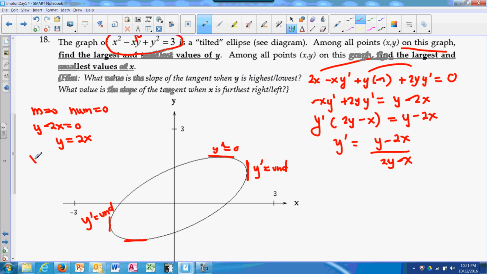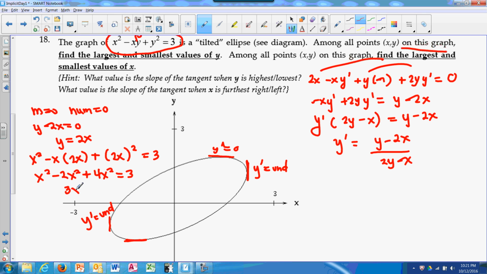So that means we have x squared minus x times y, which was 2x, plus y squared, which means the 2x quantity squared, equals 3. So x squared minus 2x squared plus 4x squared equals 3. So 3x squared equals 3. X squared equals 1. So x is equal to plus and minus 1 when we have a 0 slope.